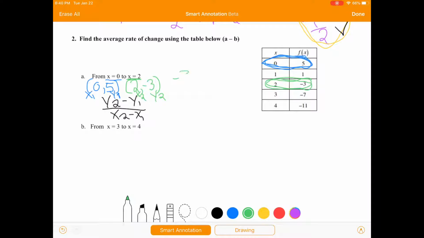I've got my negative 3 first, subtract my 5, divided by my 2 minus my 0. All I did was substitute in my x values and my y values. Now I'm going to simplify. Once I simplify, I get negative 4. So that is my answer.